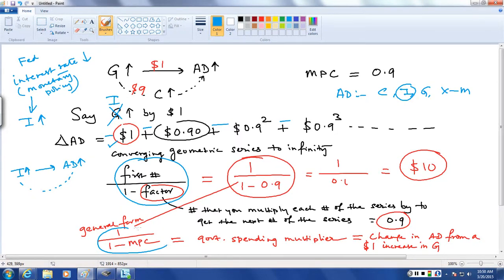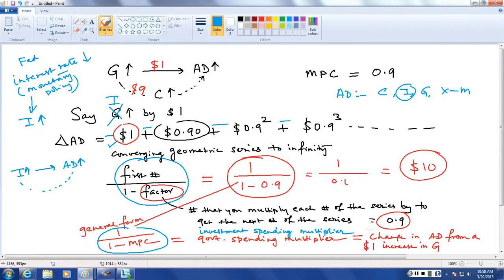So therefore, I would say that this 1 divided by 1 minus MPC is the government spending multiplier, right? But it is also the investment spending multiplier. The investment spending multiplier has exactly the same value as the government spending multiplier because exactly the same thing happens.